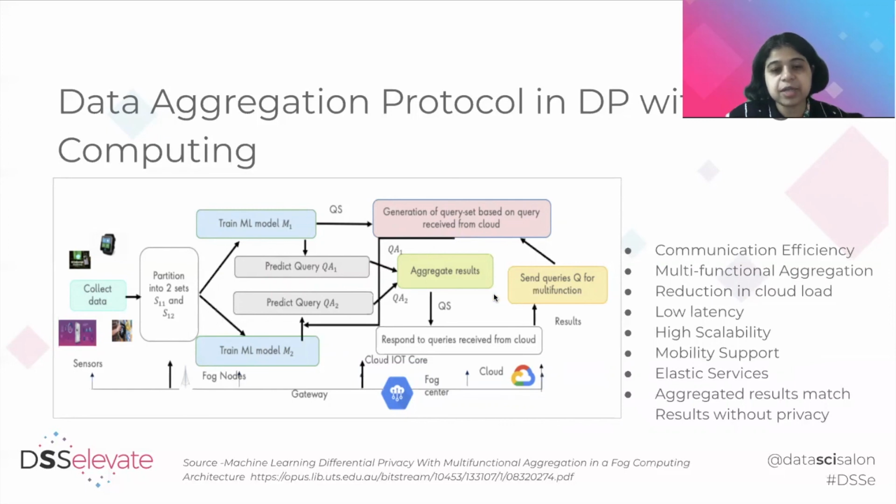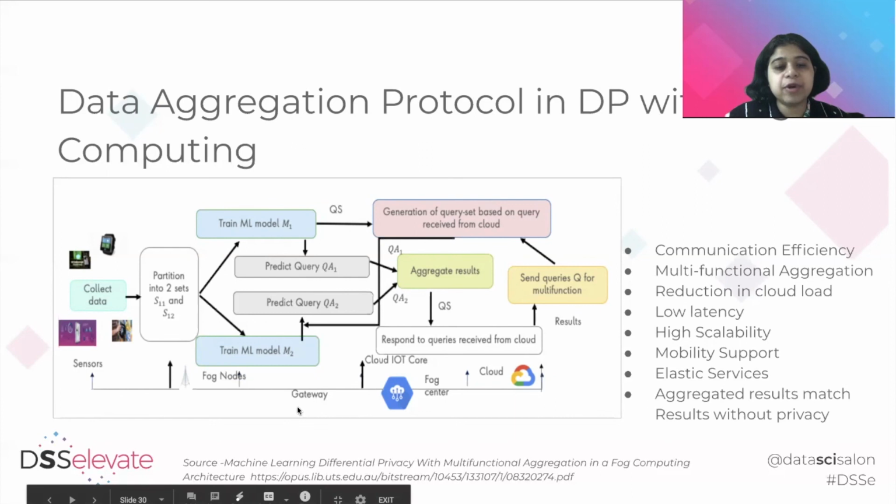The aggregated results are sent to the cloud. So from the cloud, we should be able to generate a unique query-based response that leverages the data sets that have been split into two different parts.